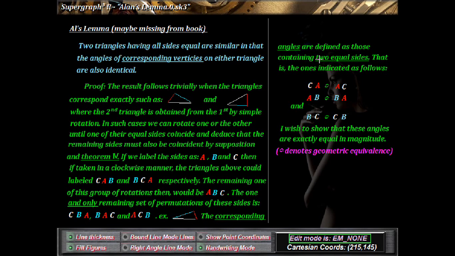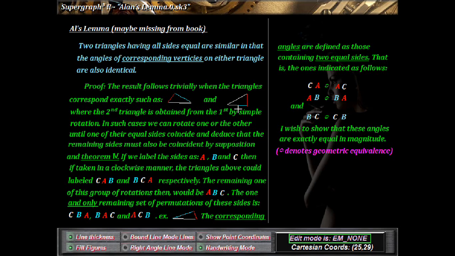The corresponding angles are defined, so I'm defining what I mean by corresponding angle as those angles whose vertices contain two equal sides. So this angle corresponds with this angle in this picture because this has a blue and a white side.